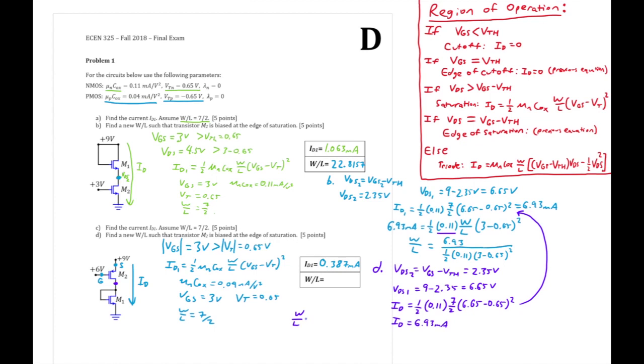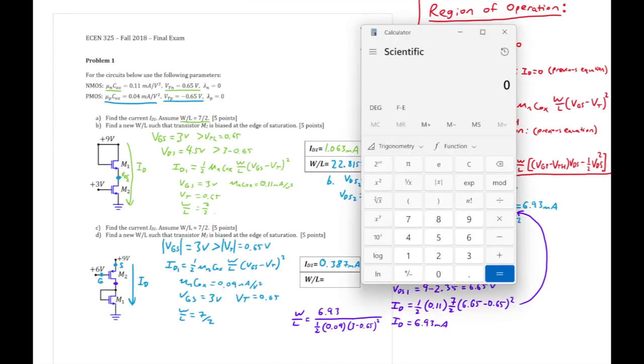W divided by L is equal to 6.93 divided by 1 over 2, times 0.04 now, times 3 minus 0.65, squared. Let me go ahead and calculate this value. So 3 minus 0.65, squared, times 0.04 divided by 2.